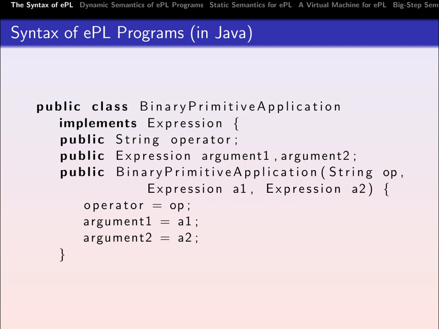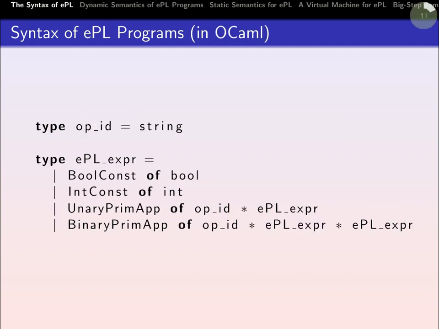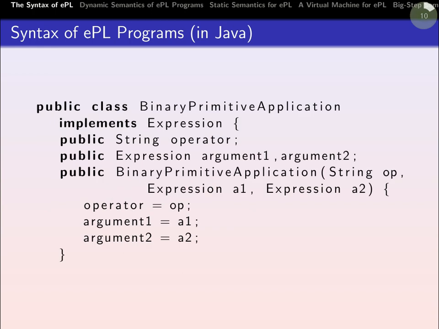They're not just numbers, because we can have any expression on the left and right side. And we have to have a constructor because this is what Java looks like. So we would write at least three classes, but we still would have a class for integer constant, and we would still have a class for unary primitive application.